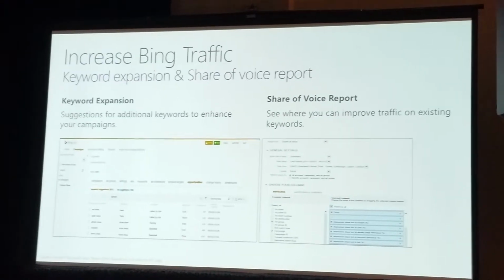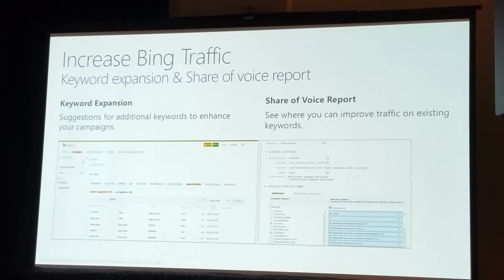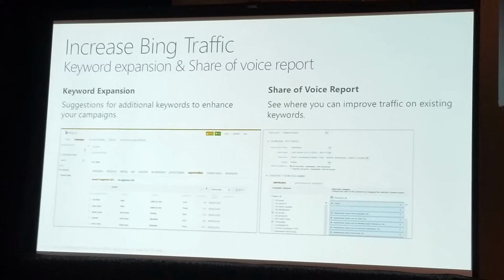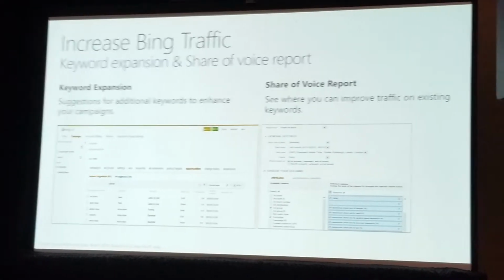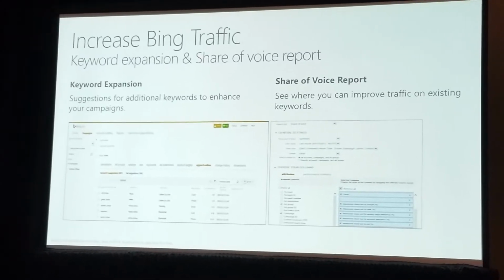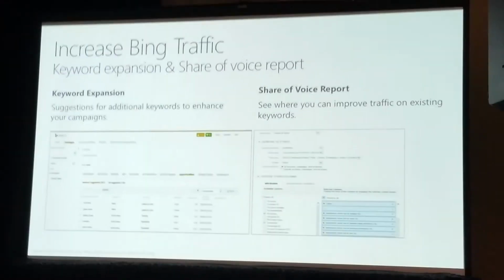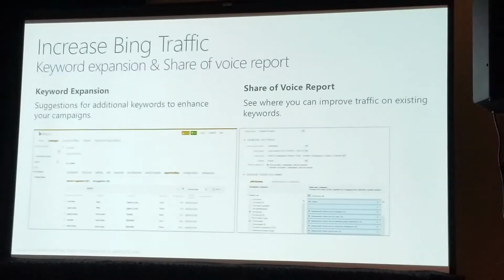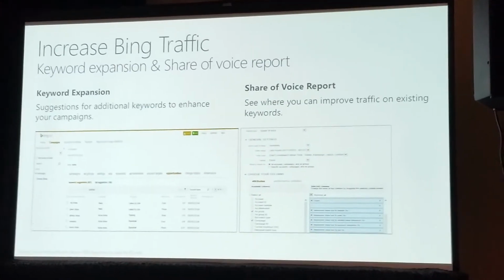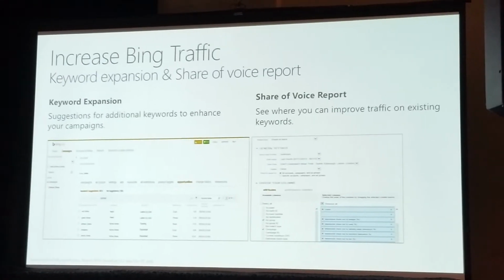Some of the other things we also recommend doing, usually every 2 to 4 weeks, is running a keyword expansion report. You can either run this within the Bing Ads UI itself, or you can run this through the Bing Ads Intelligence tool that we'll talk about and walk through at the end of today's presentation. What the keyword expansion report does is it provides you with suggestions for additional keywords.